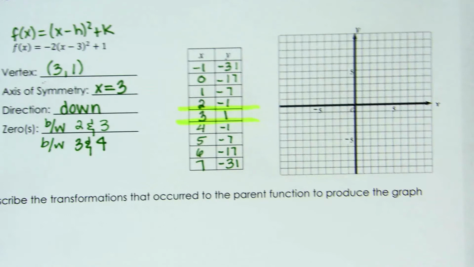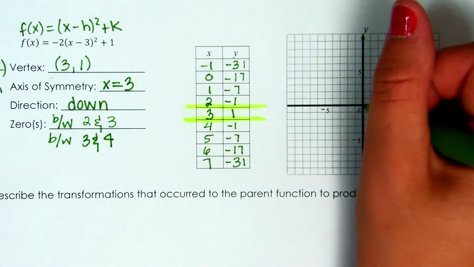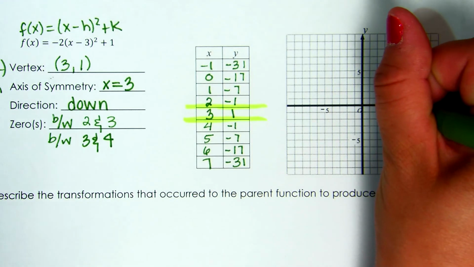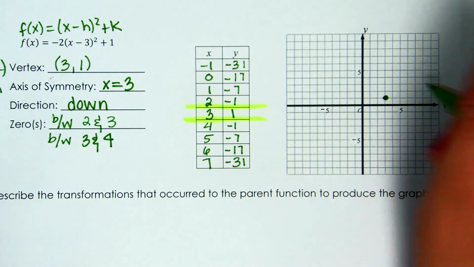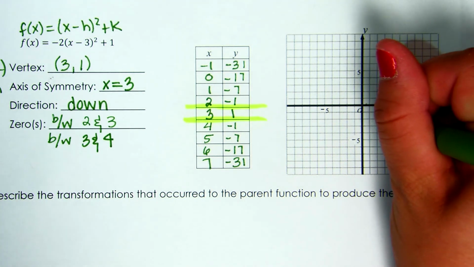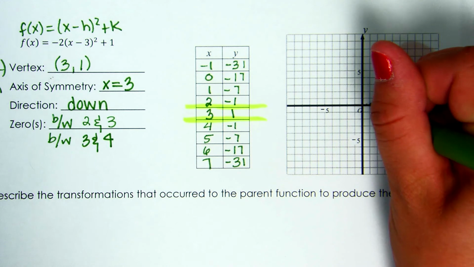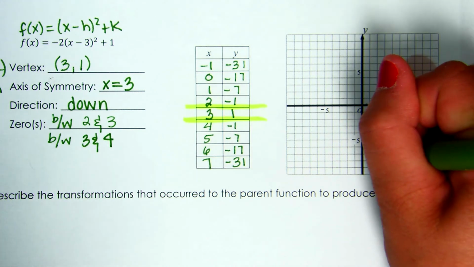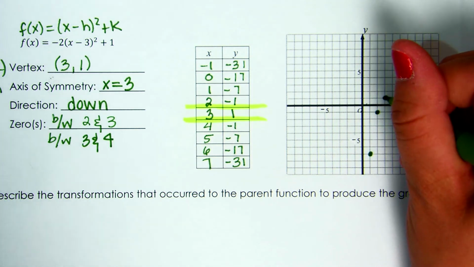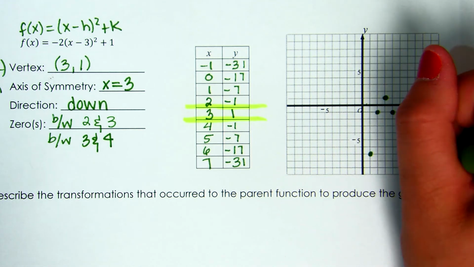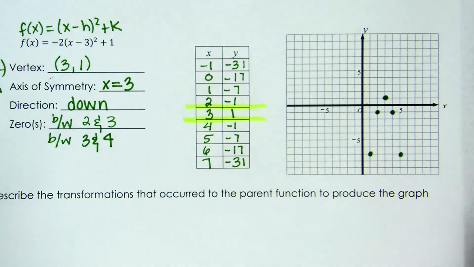And now I should be able to graph. So my vertex is at 3, 1, and then I can plot the points 2, negative 1, and 1, negative 7. And on the other side, 4, negative 1, and 5, negative 7.